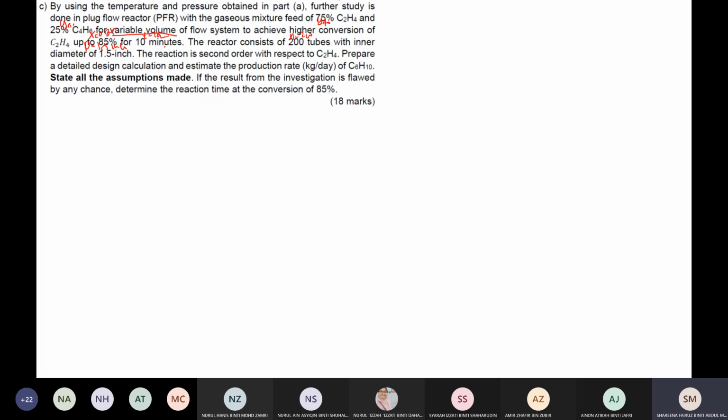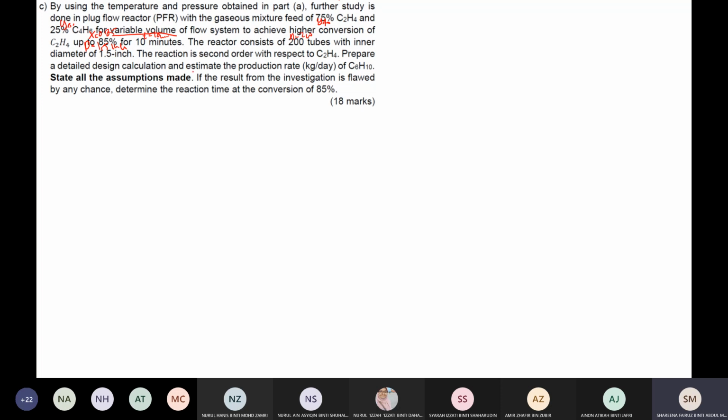Reaction is second order with respect to C2H4. Prepare a detailed design calculation, estimate the production rate of C6H10, state all the assumption made. Right? If the result from this reaction is flow by any chance, determine the reaction time at the conversion of 85%. Okay, so you kena kira sebenarnya apakah production rate dia, which is what is the FC dia.